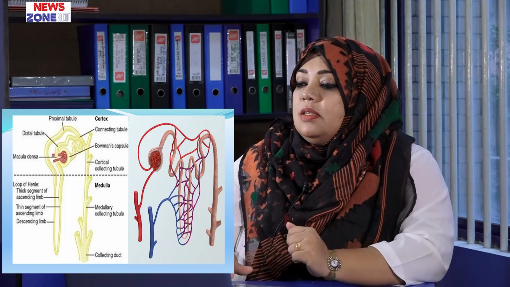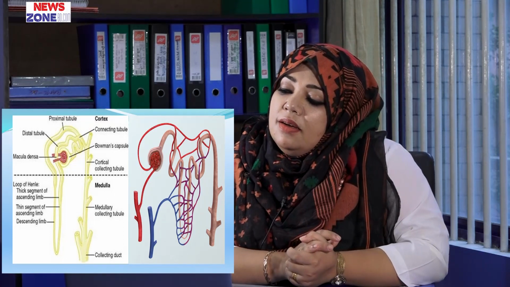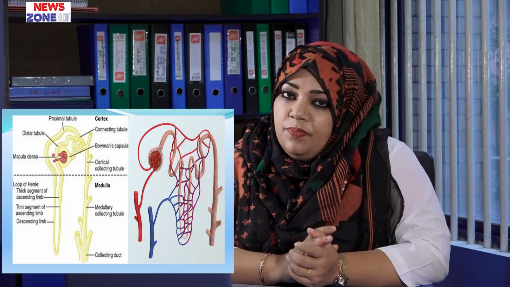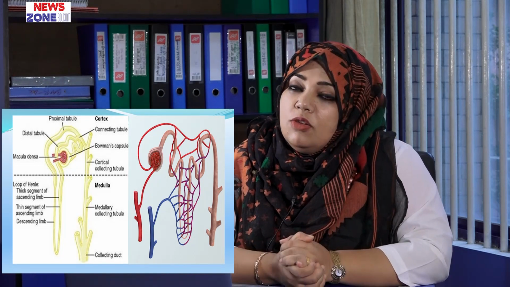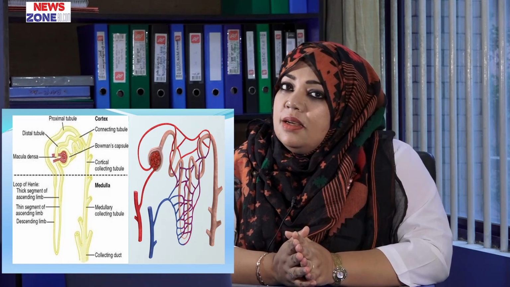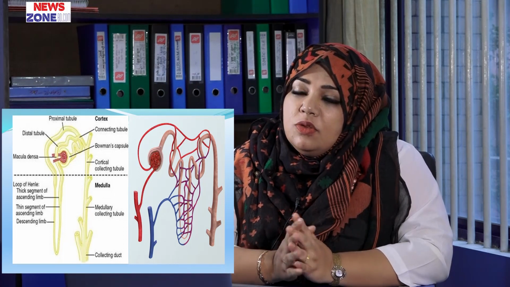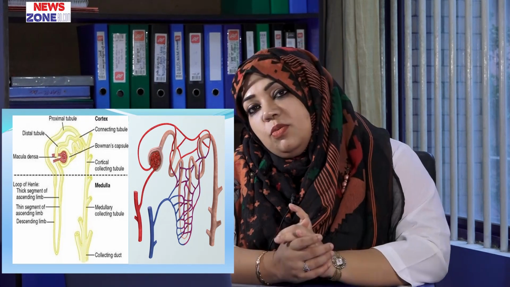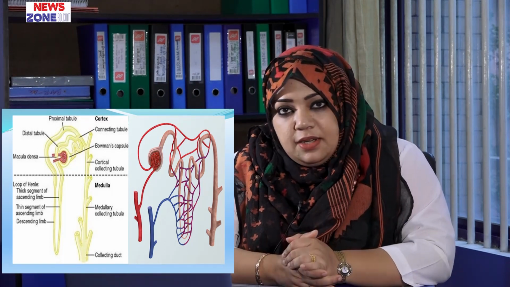If we look at this blood supply, you will see that there are two sets of capillaries in the nephron. One is the glomerular capillary and another is the peritubular capillary. So this is one of the peculiarities of the renal system. The glomerulus is a tuft of capillaries.